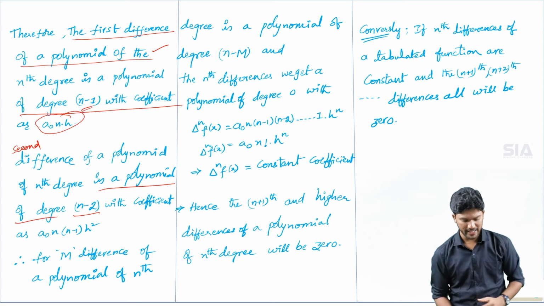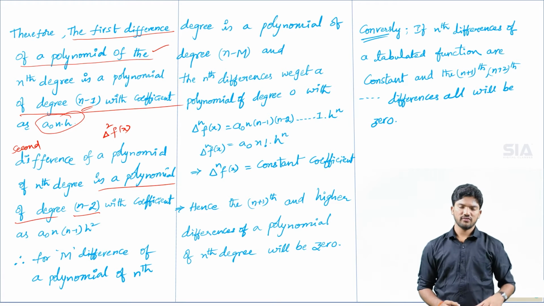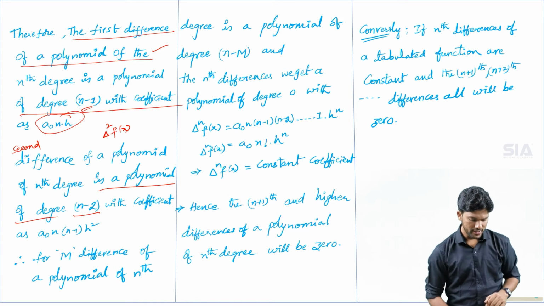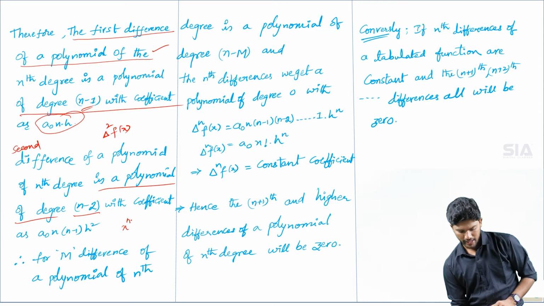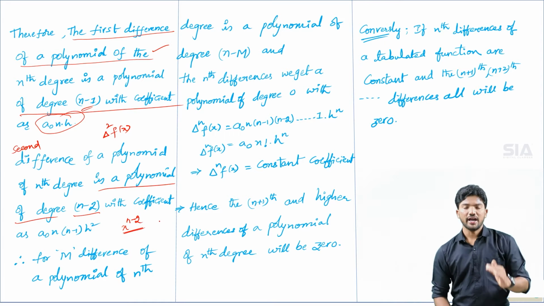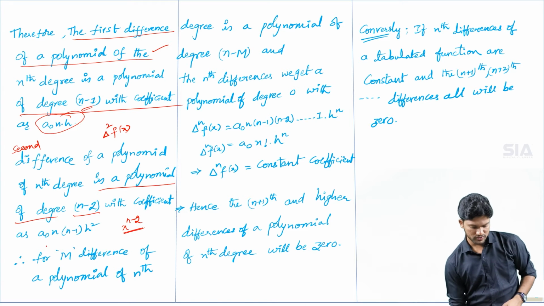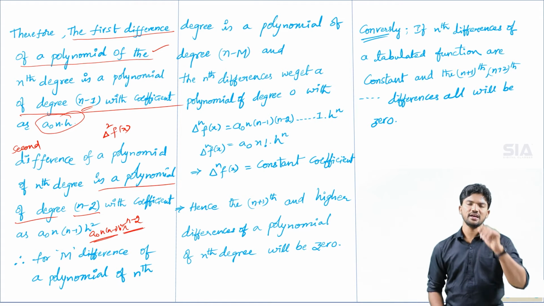If you take the second difference, that means Δ²f(x), for the same polynomial you will get x^(n−2) as the highest power variable, with coefficient a₀·n·(n−1)·h². This is the coefficient.